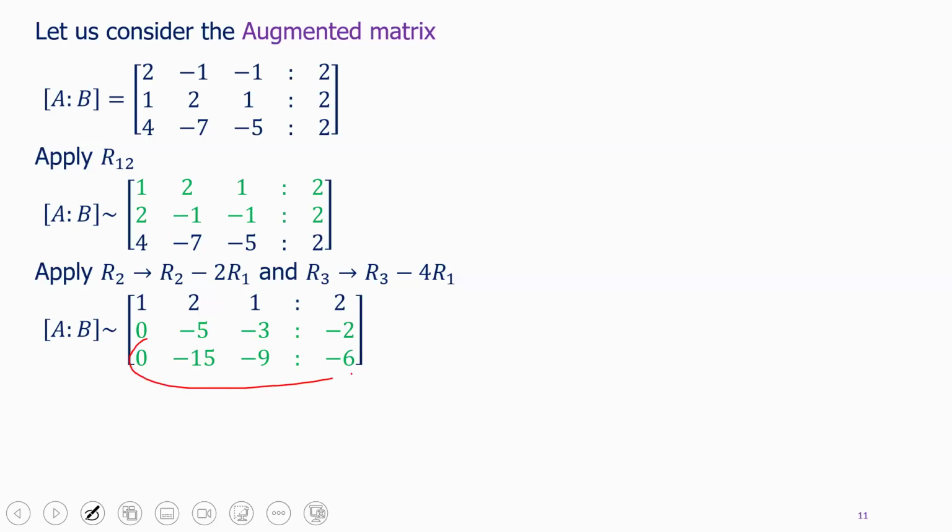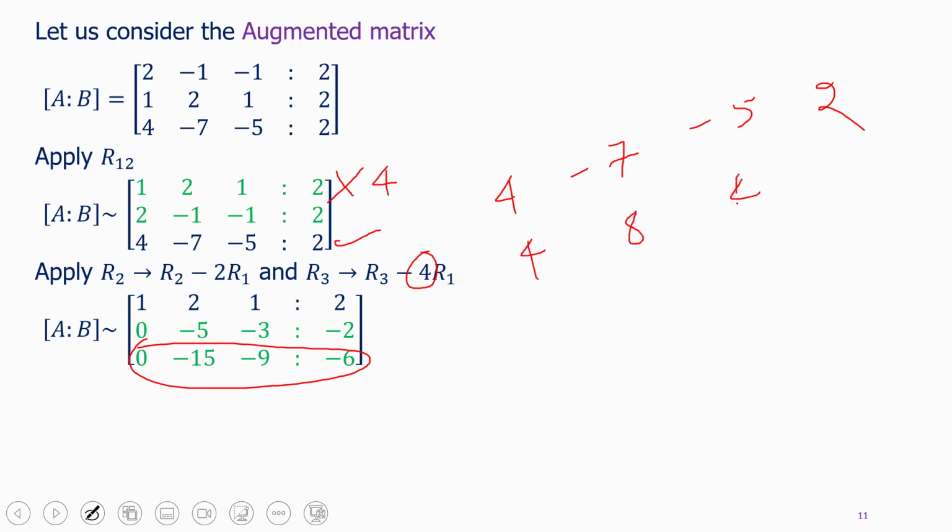Let us try to find the third row. What is the third row here? 4, minus 7, minus 5, and 2. Let us multiply the first row by 4. This is 4, 8, 4, 8. Let us subtract it.